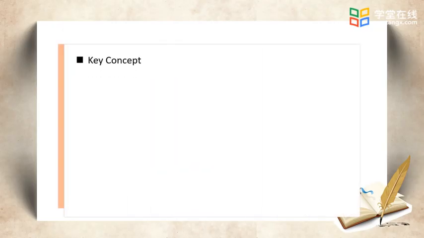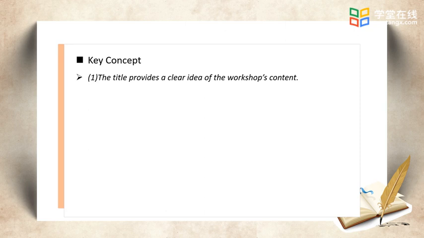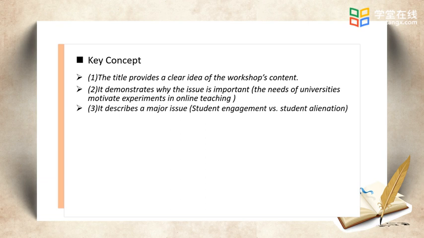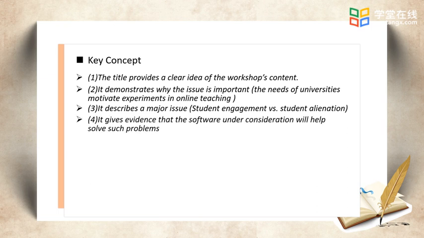1. The title provides a clear idea of the workshop's content. 2. It demonstrates why the issue is important: the needs of universities motivate experiments in online teaching. 3. It describes a major issue, student engagement versus student alienation. 4. It gives evidence that the software under consideration will help solve such problems. 5.